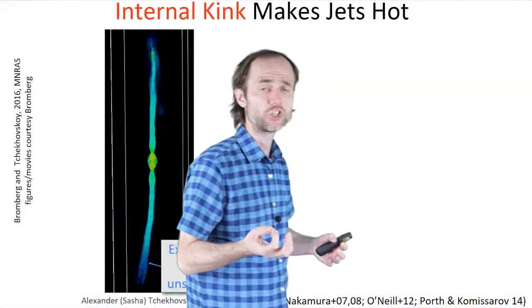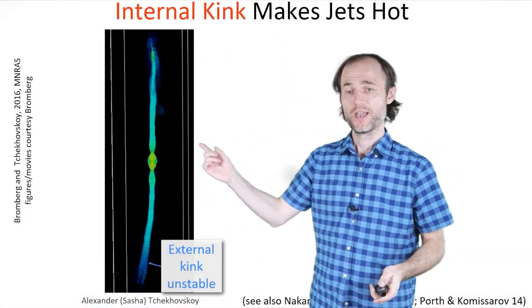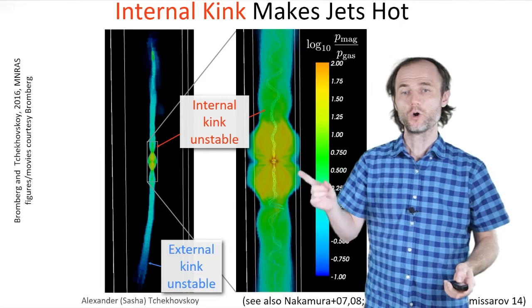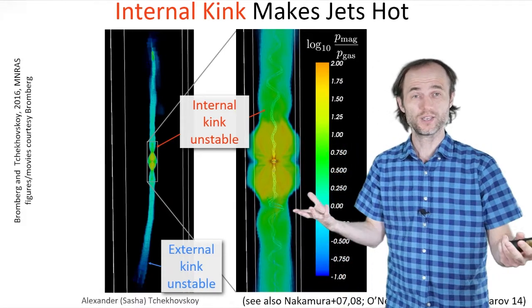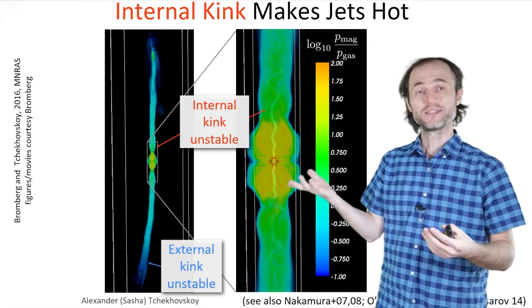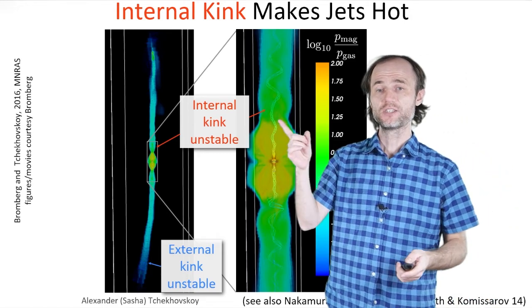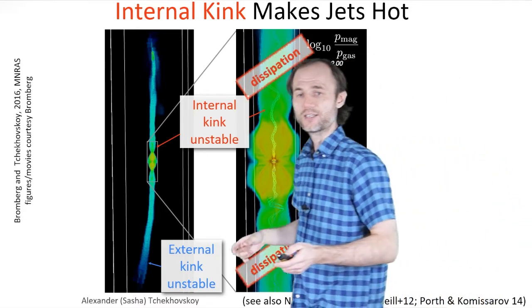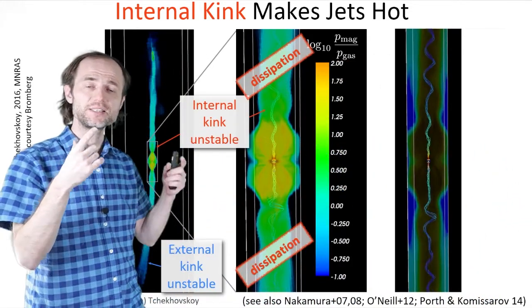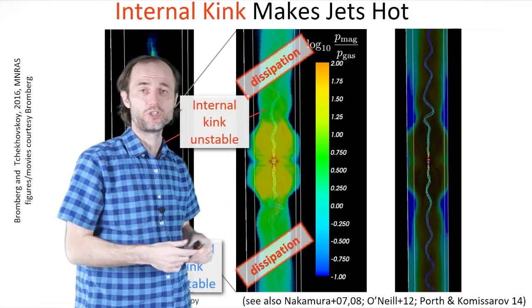So how do the jets shine once they slam into the ambient medium? It turns out that if we zoom in onto the region where the jet first encounters the ambient medium, which would be HST-1 or so in the case of M87, we see that the jet develops wiggles inside of itself. In fact, we think that there is a lot of dissipation associated with these wiggles.